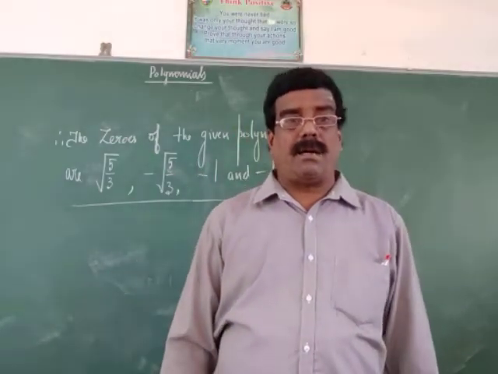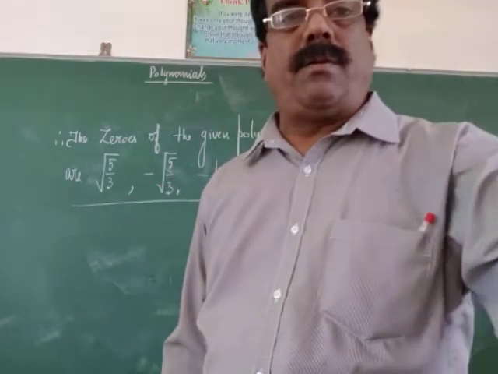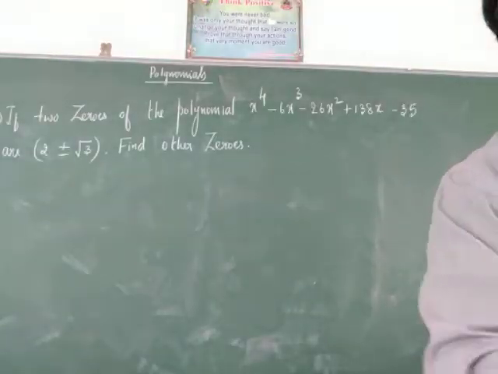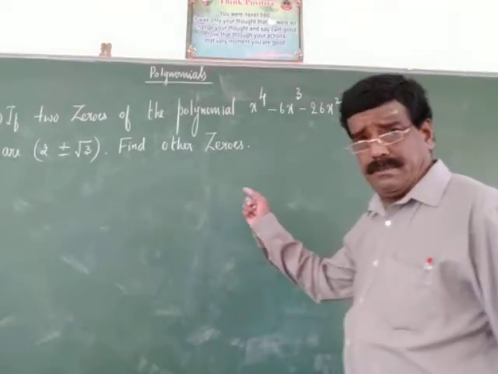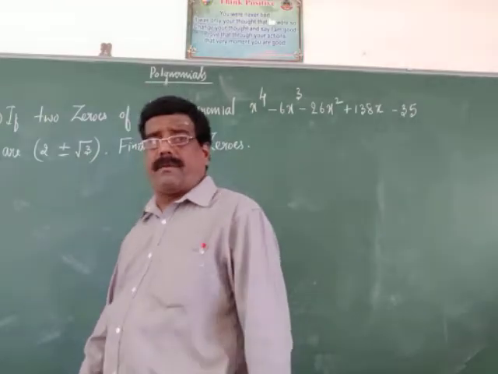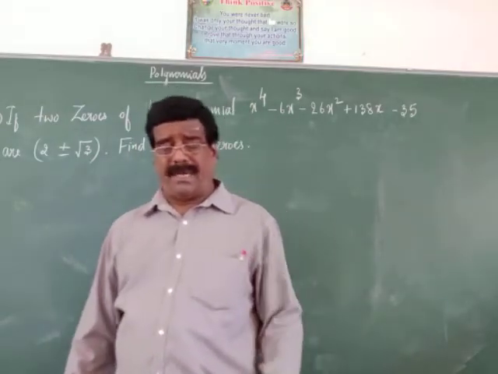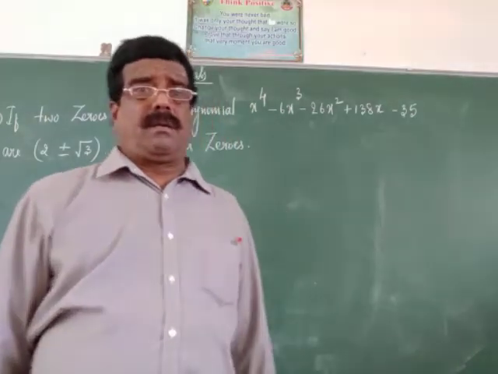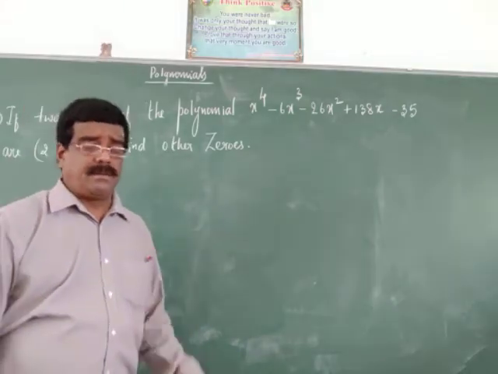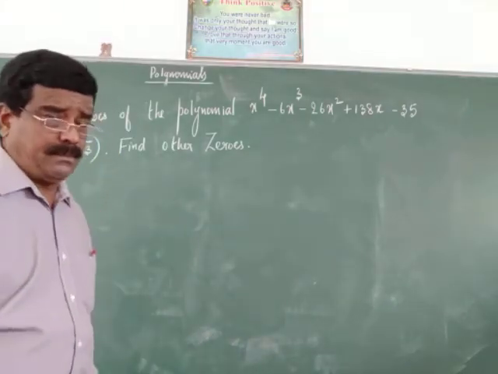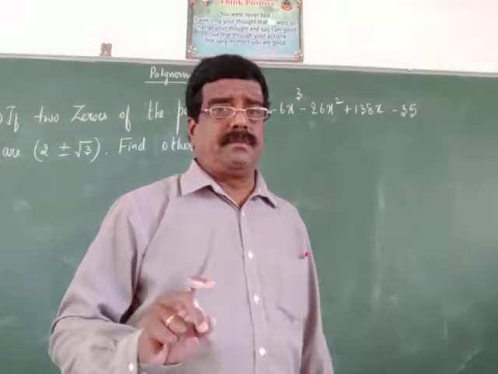Okay, today's last sum. One sum will do. Okay children, this is the next sum today we are discussing. Again it's a similar type of sum, but slight change is there when compared with the previous sum. But the method is same.